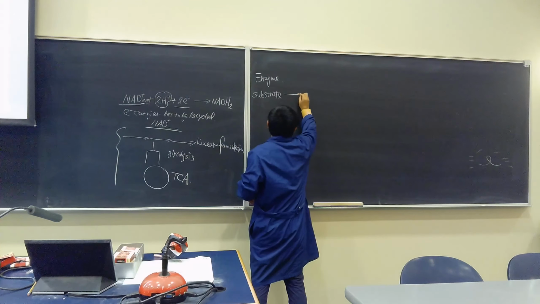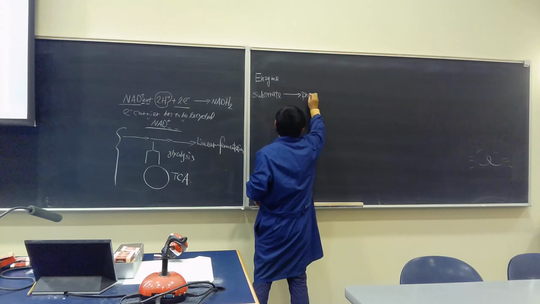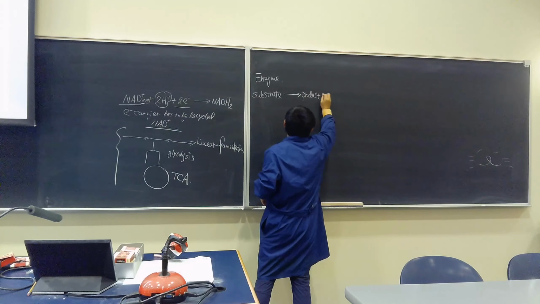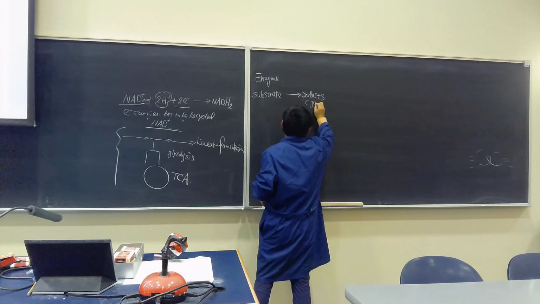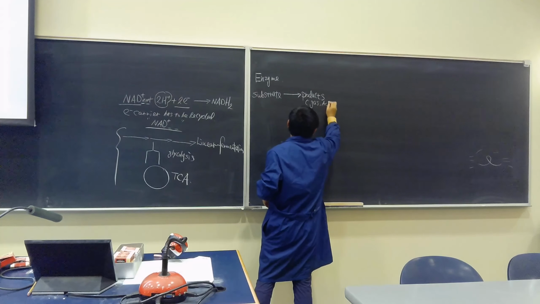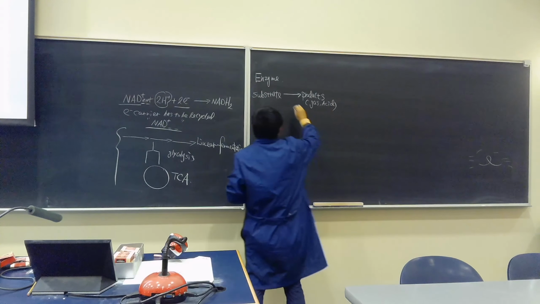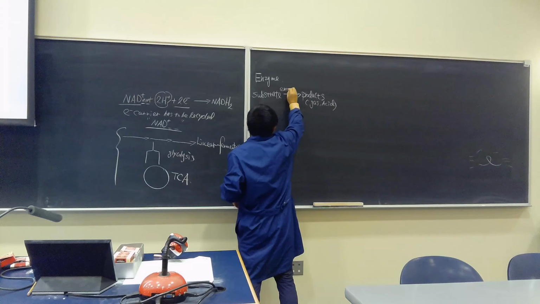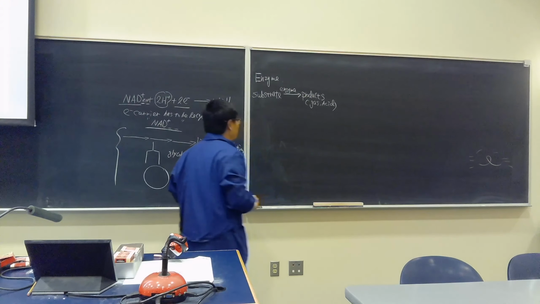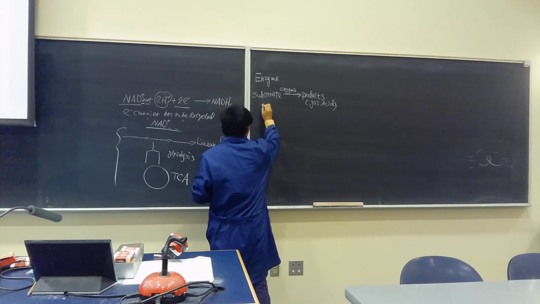Then they will generate a product. In the lab, the products we talk about are most of the time gas, acid or alkaline. To let the reaction happen quickly and efficiently, they want an enzyme. So what's the function of the enzyme?